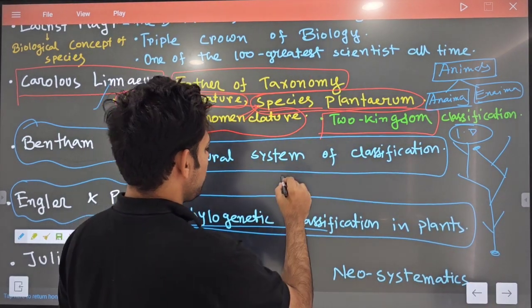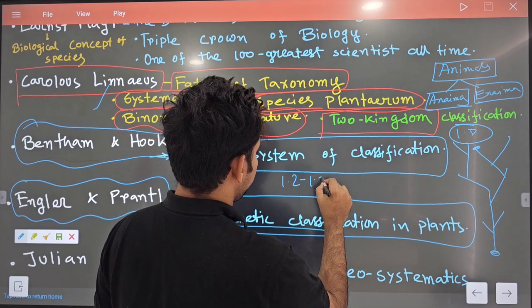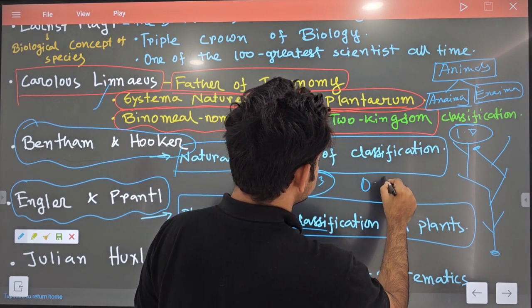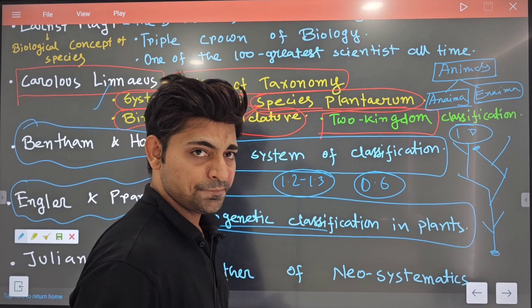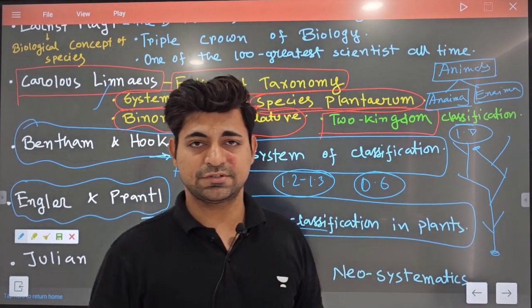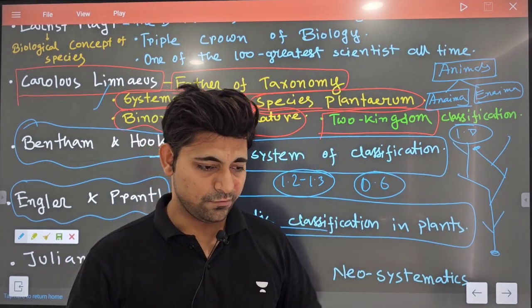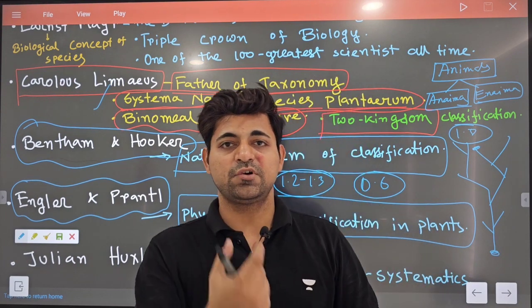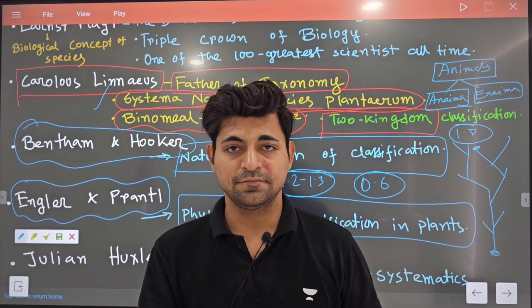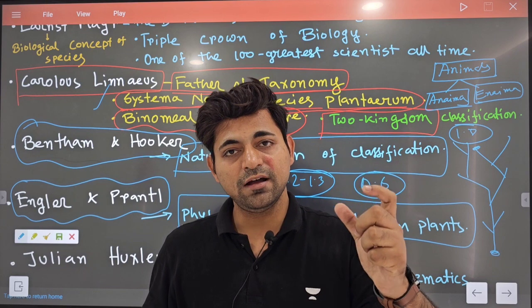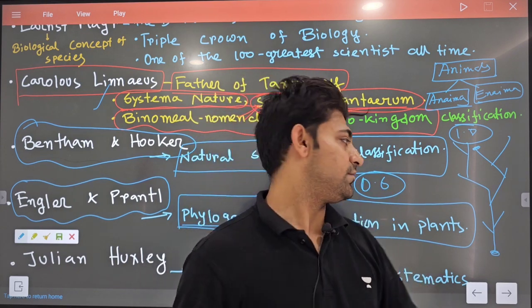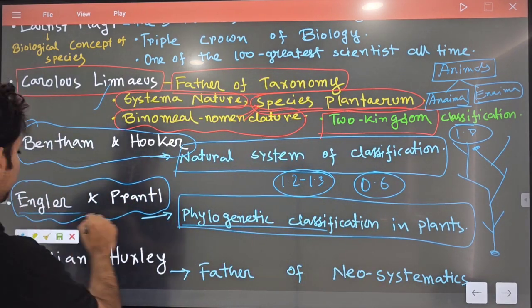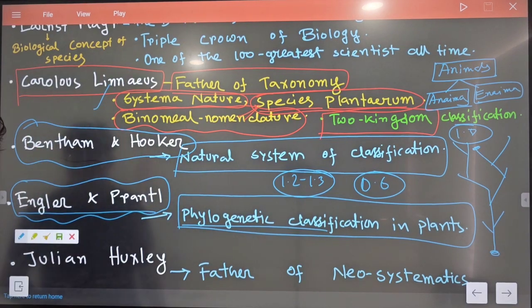Around 1.2 to 1.3 million are animals and 0.6 million are plants. Now, who are the ancestors of these organisms? Like Whittaker told us, first Monera, then Protista. So this is a phylogeny, tracking down the roadmap of evolution. So it was detailed by Engler and Prantl.